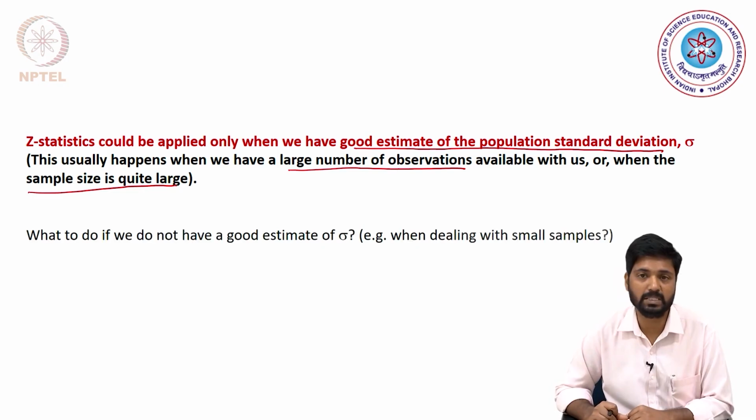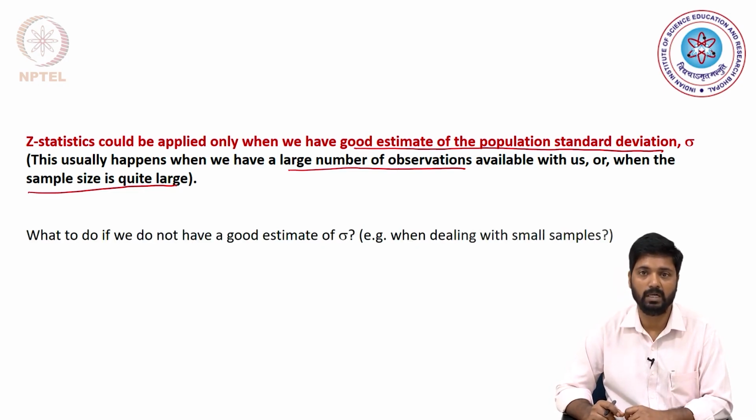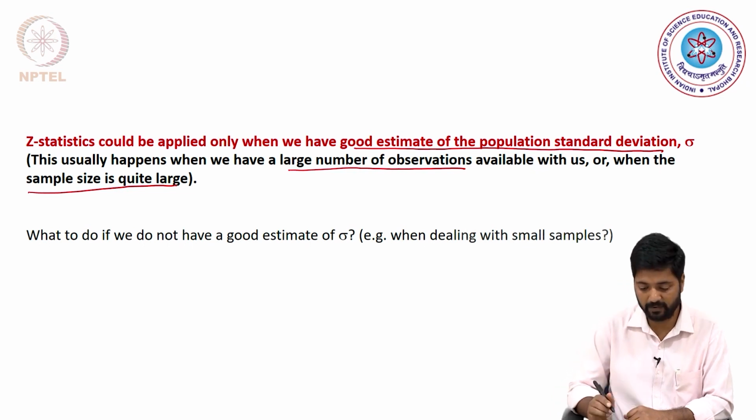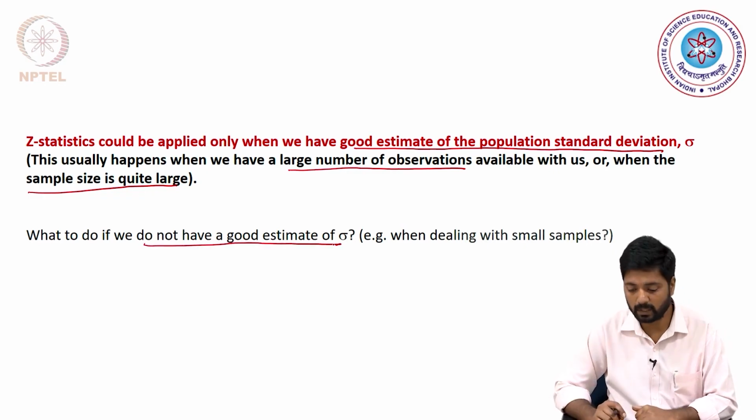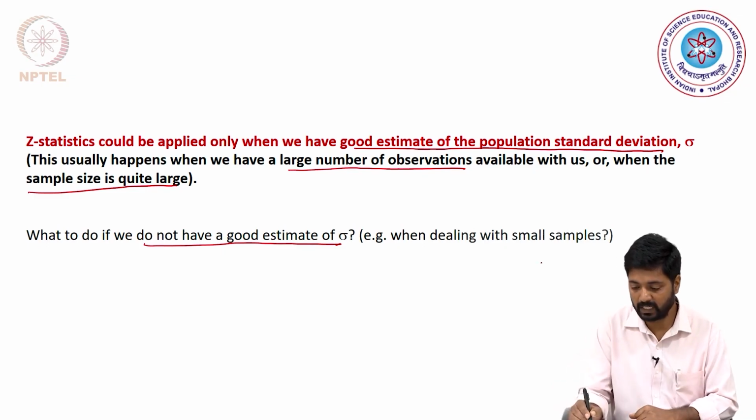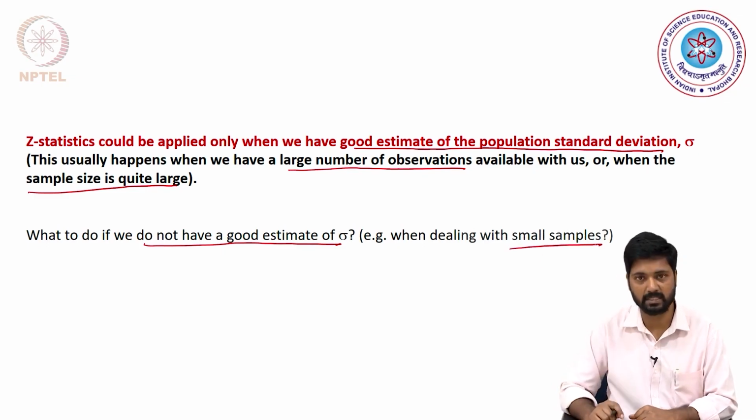So, this question baffled initial statisticians in terms of what do we do if we do not have a good estimate of sigma, or to rephrase it, what do we do when we are dealing with small sample sizes.